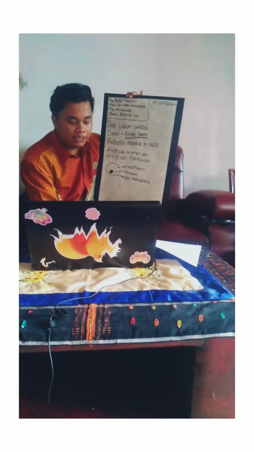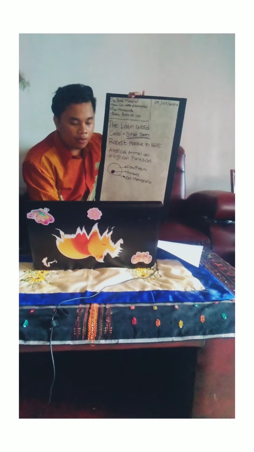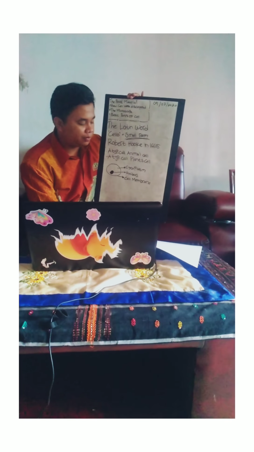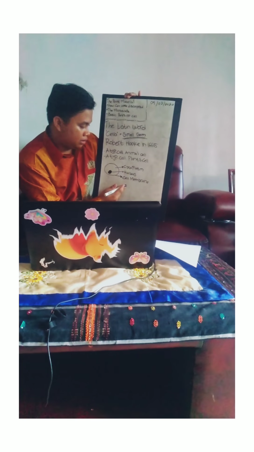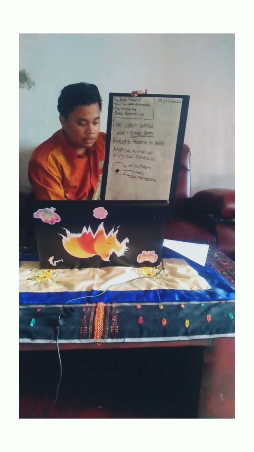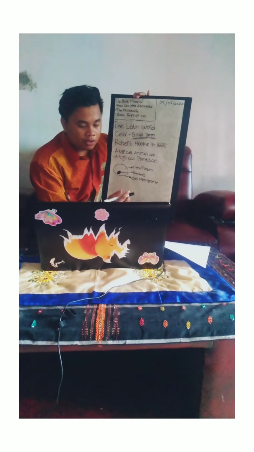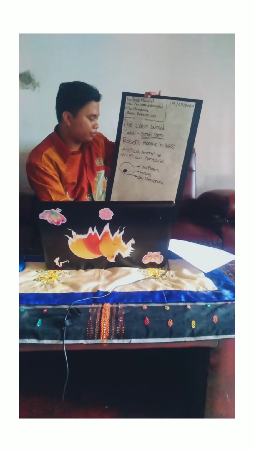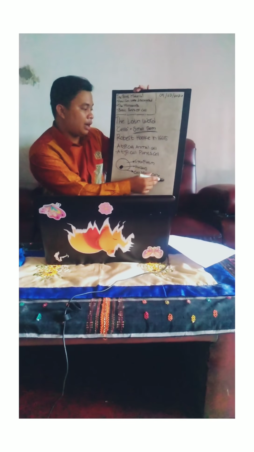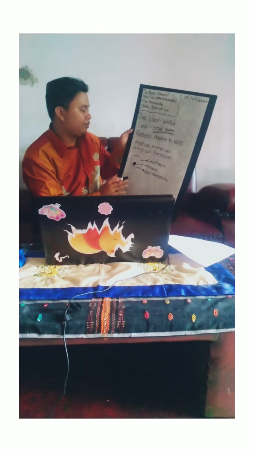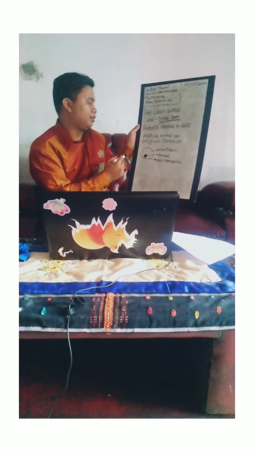Cytoplasm is a watery jelly that fills most of the animal cell. And the cell membrane covers the outside of the cell. This is a typical animal cell, and then I will explain about a typical plant cell.